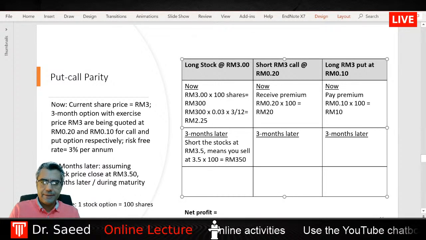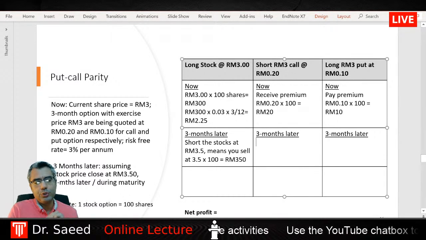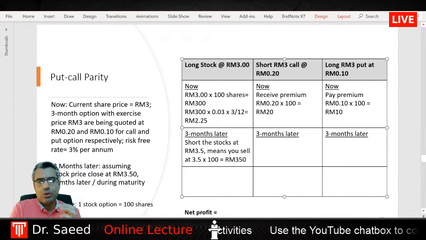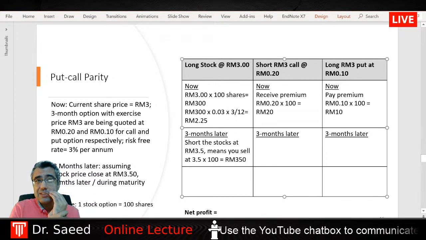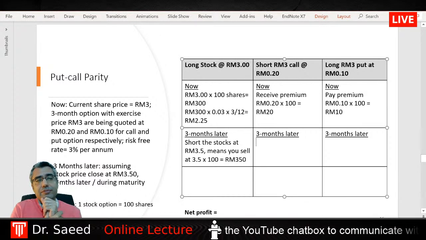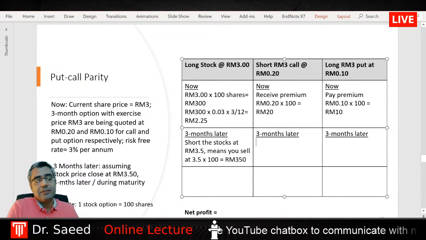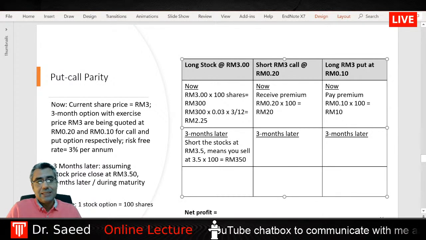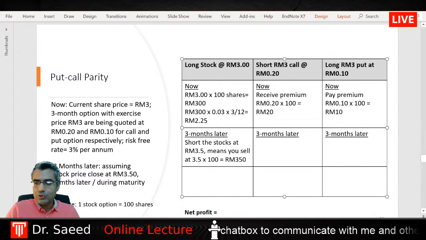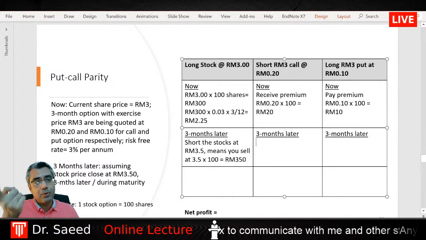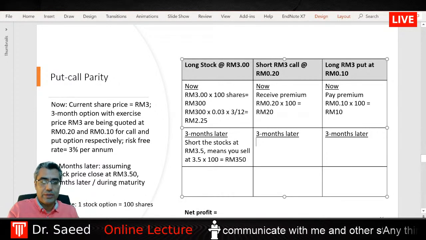Then here for your short call, you have to close your position. Short call means you are selling call. So when you are selling call, if the price of the stock increases, this means the other party who bought the call will exercise it. And here actually the price increased to 3.5, so the other party will exercise the contract.